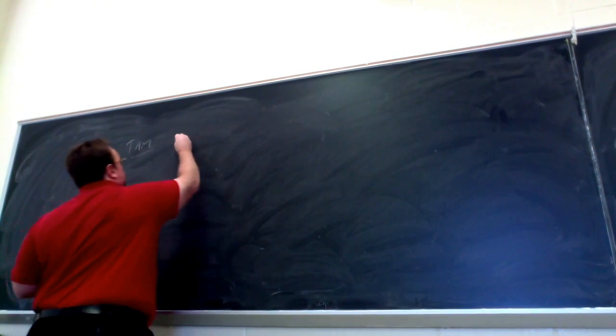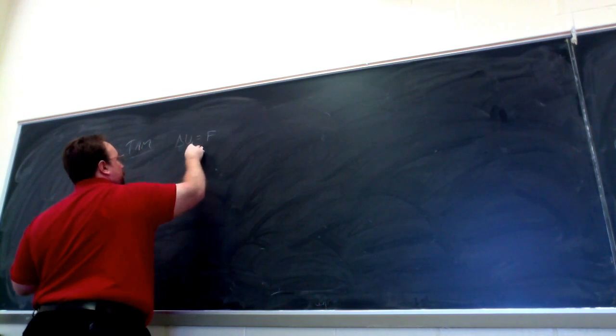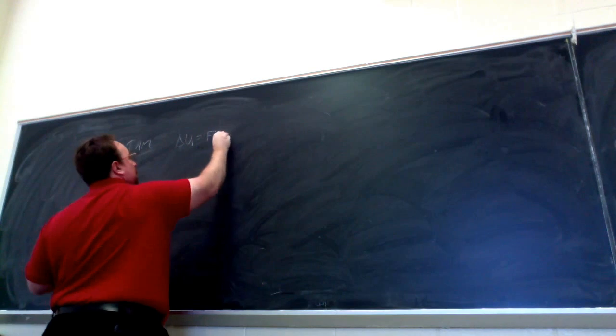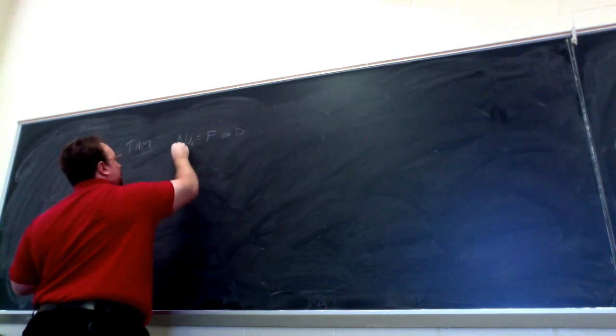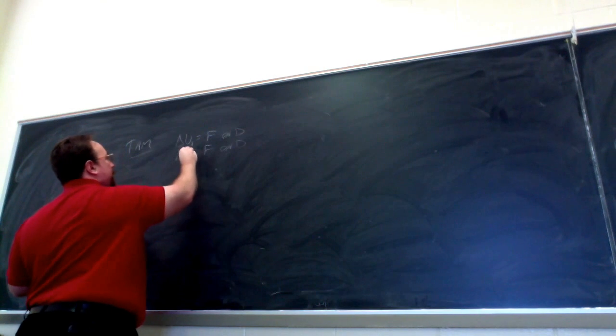So for the next result, let's suppose that U1 is a solution of this Poisson's equation, and U2 solves the same Poisson's equation. However, the boundary data are different.